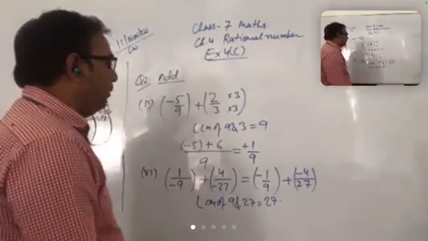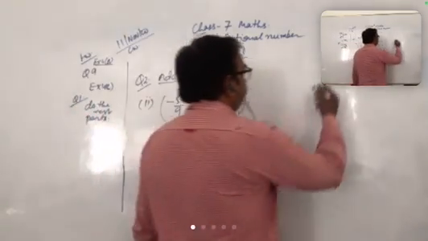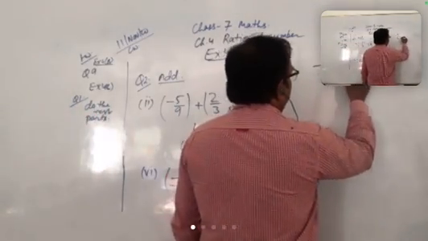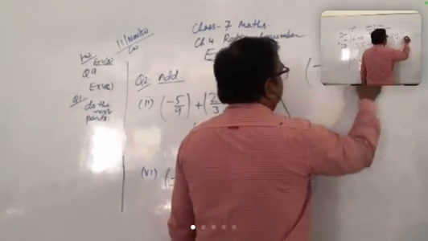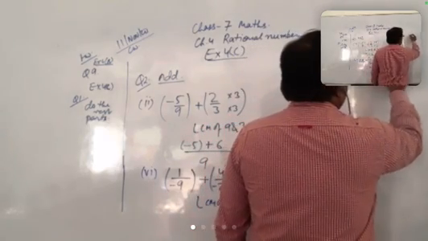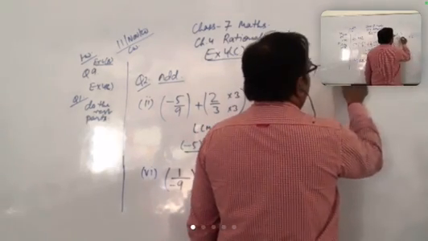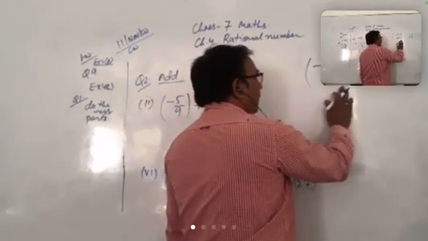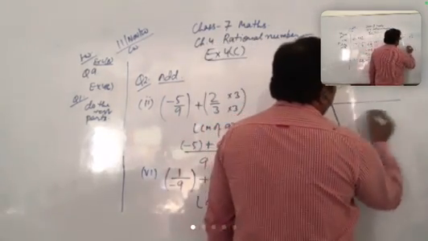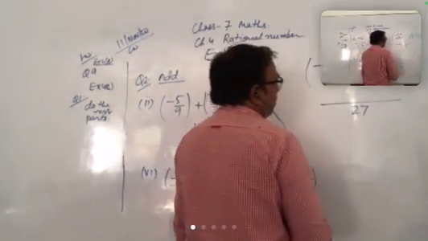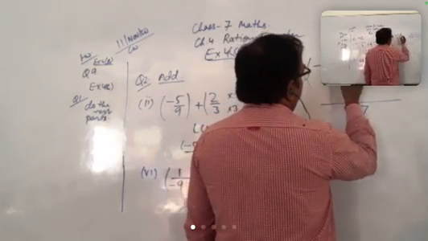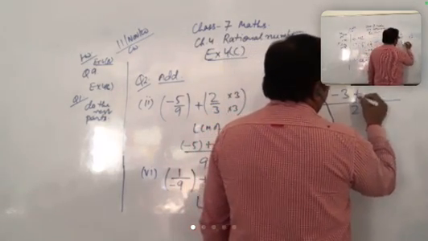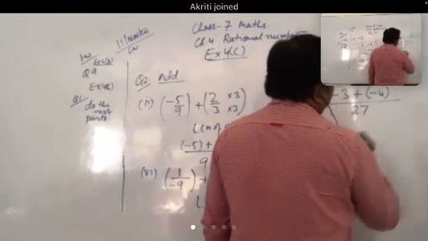Is that clear now? Now minus 1 upon 9 in bracket plus minus 4 upon 27, we make the denominator same by multiplying the first rational number with 3. Now the denominator is same, then we can write 27 here. And minus 1 into 3 is minus 3 plus minus 4 in bracket.